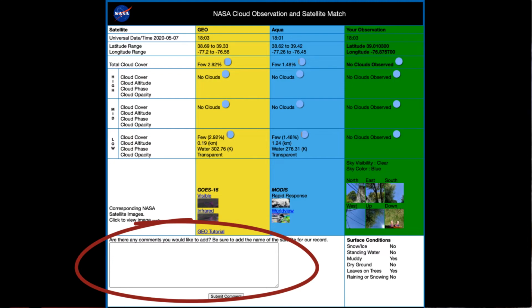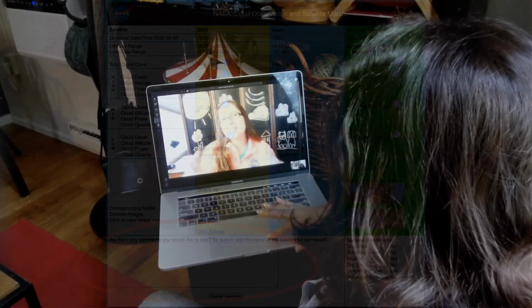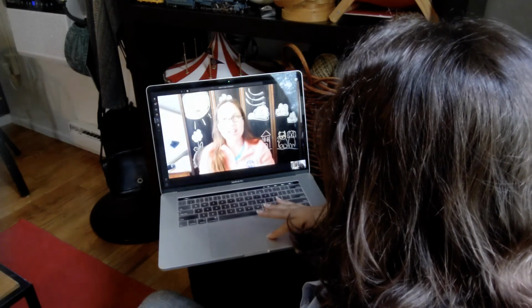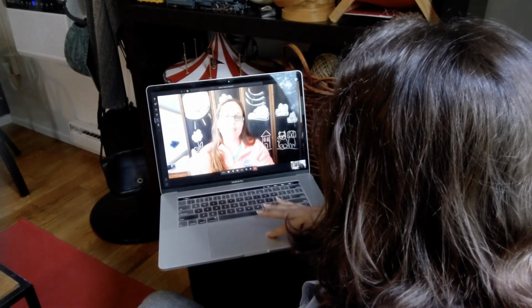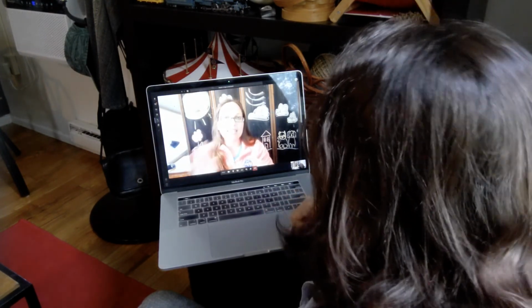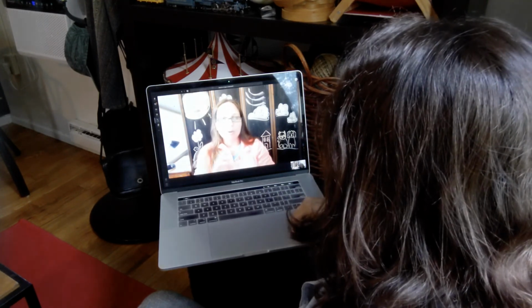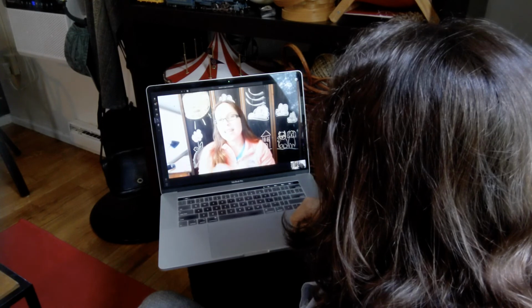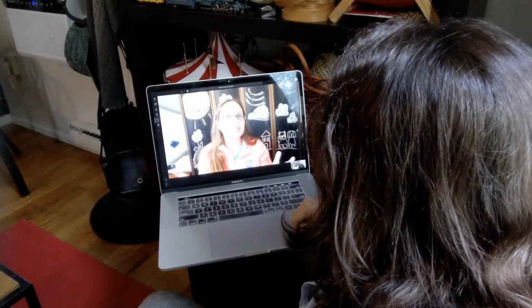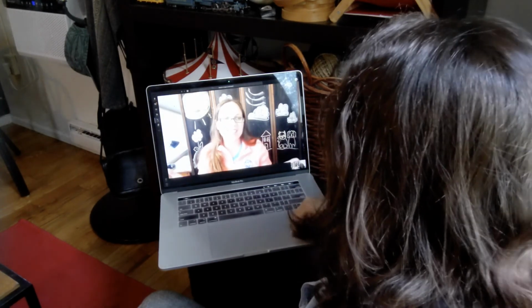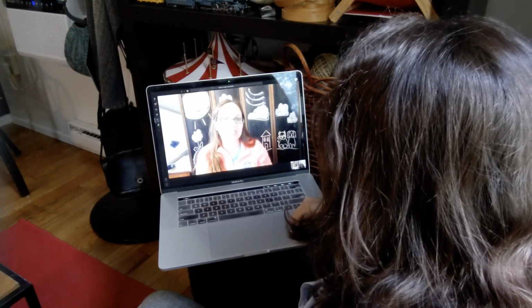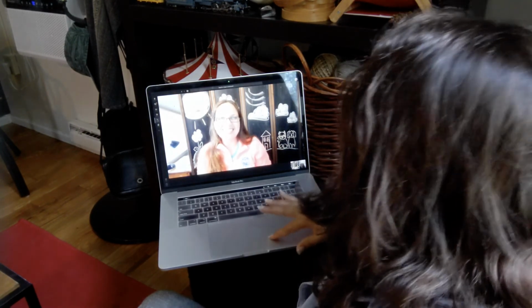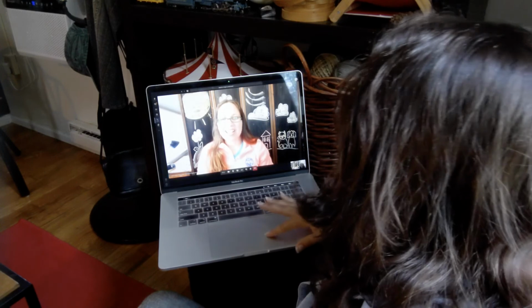If you scroll to the bottom under the images you get from the satellites, that is the best way to give us more information about that day and what you've noticed in the satellite table. Make sure to put there the date, what you observed, and any extra information, and just click submit. It gets back to the clouds team at NASA Langley Research Center. That is so cool. Thanks so much, Marley. It was awesome talking to you.